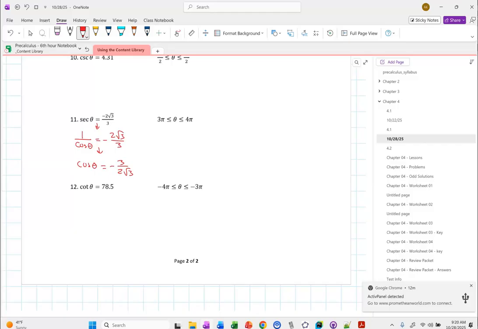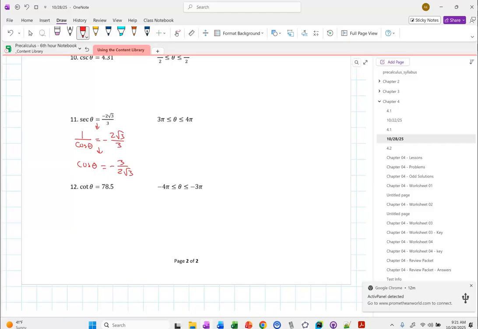That's step 1: get it out of one of these reciprocal identities and into a sine, cosine, or tangent. Next I want to determine whether I should be using a unit circle for this or my calculator, because the directions say give an exact answer if possible; otherwise, use your calculator and round to 2 sig figs.